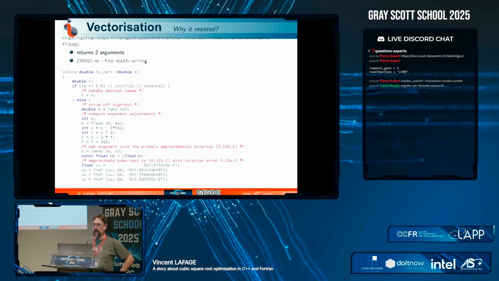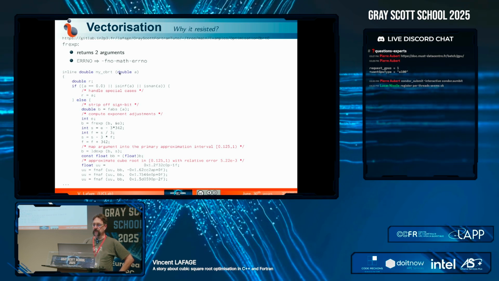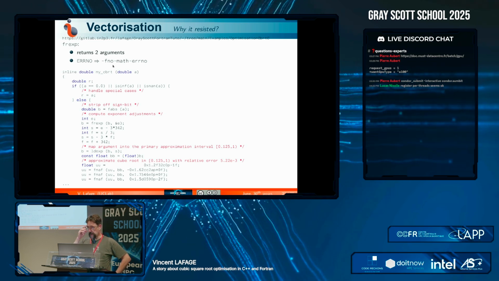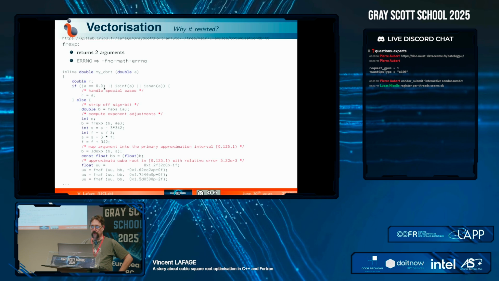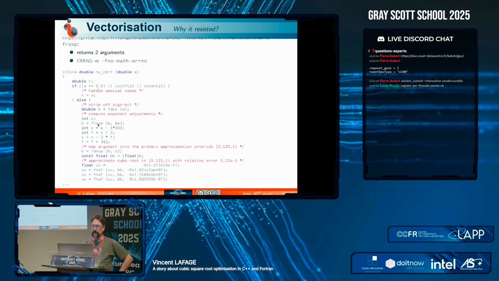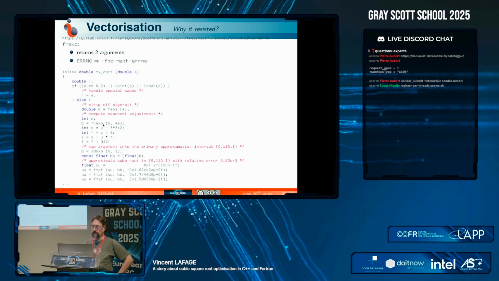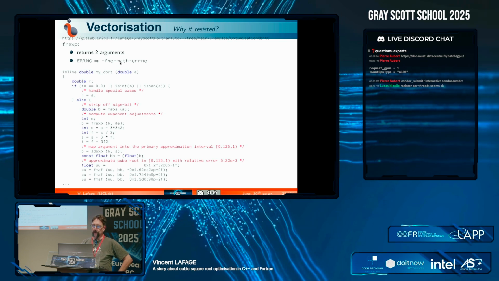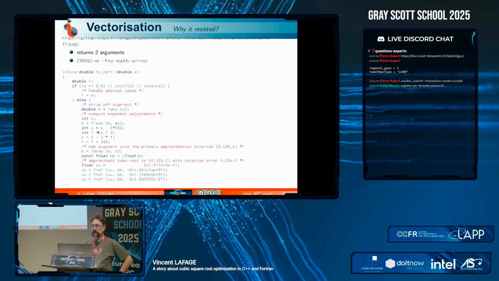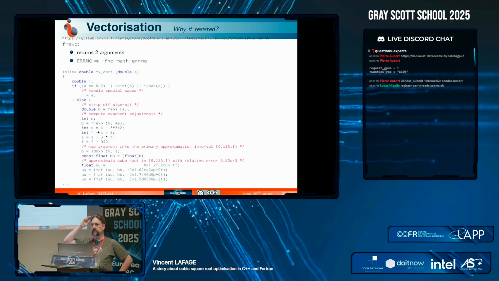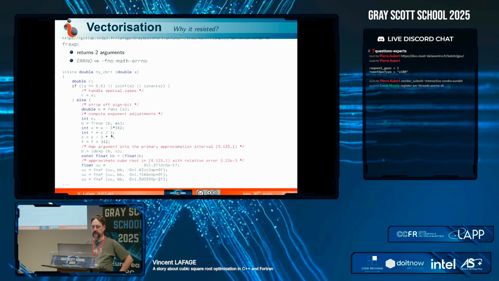So maybe I should have used -fno-math-errno, which is an optimization I didn't know, that for mathematical functions will consider that you will not look at the result, because with IEEE floating point numbers, you can always check if the result is NaN. You don't need this errno on top of this.